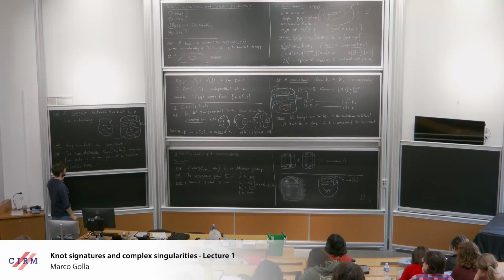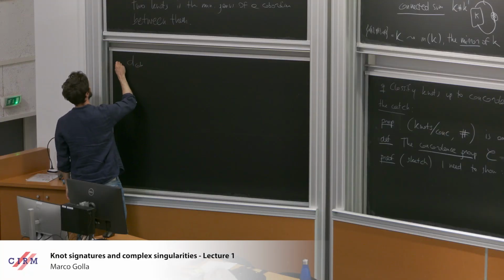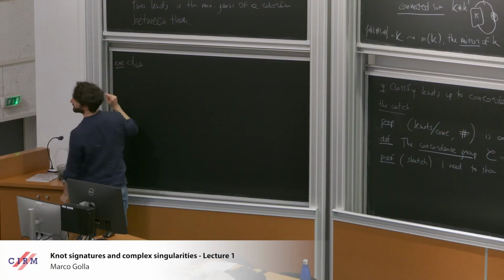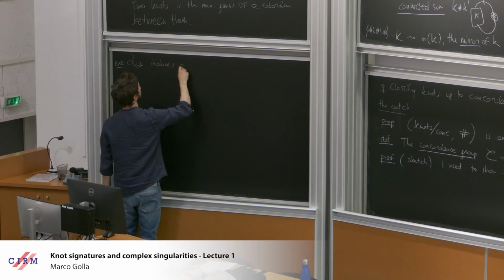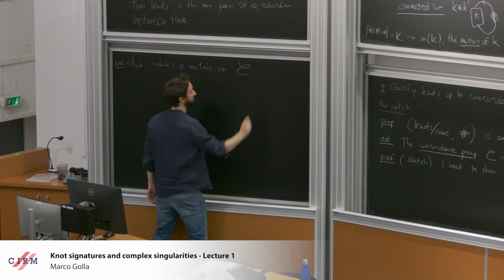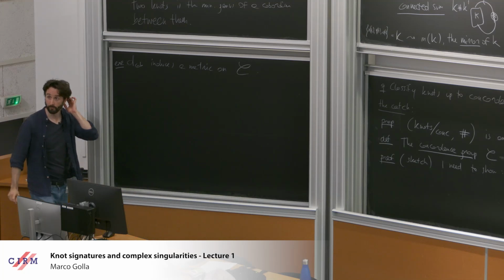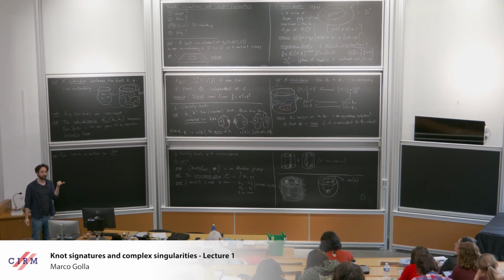Why is this in any way good? Well, it's good, for instance, because it induces a metric on the concordance group. Maybe an exercise. Essentially the only thing that you need to show is that the triangle inequality is satisfied.